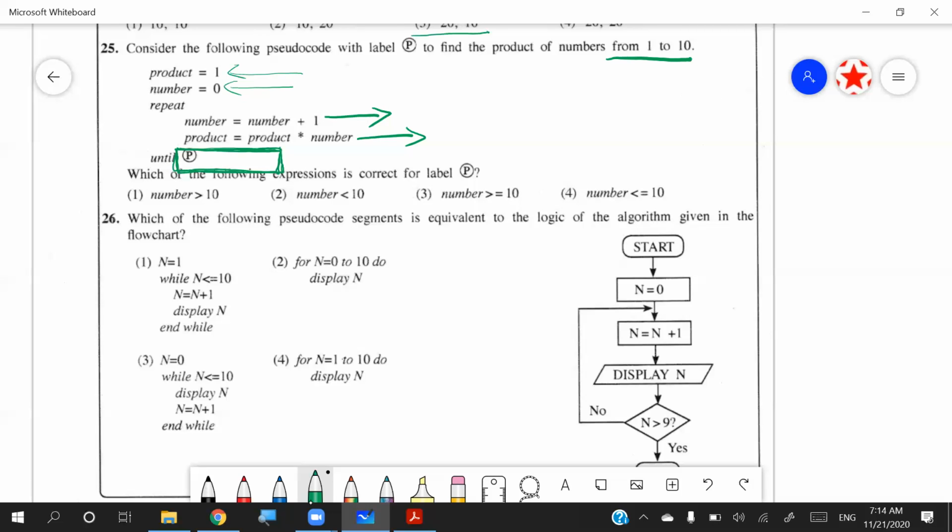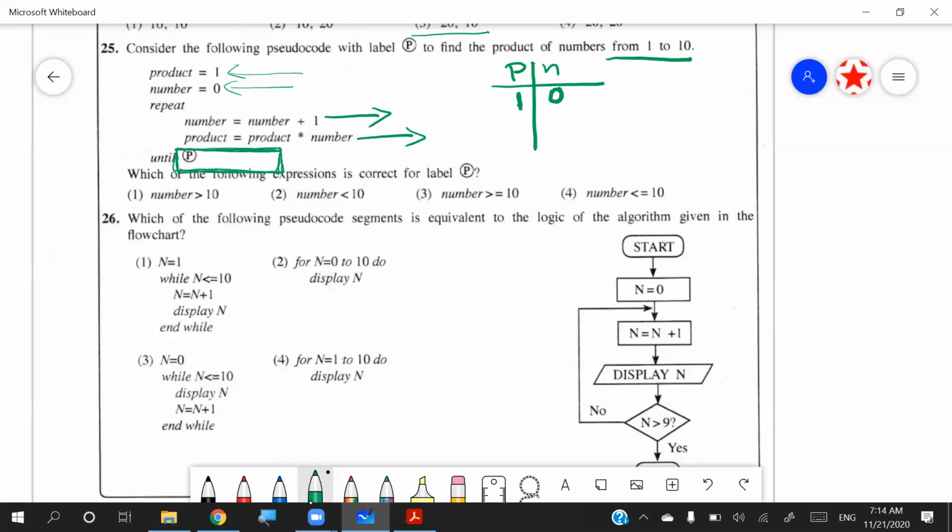The first condition is saying number larger than 10. For the very first iteration, I'm taking the product as P and the number as N. So the product is 1, number is 0, that is how it starts.